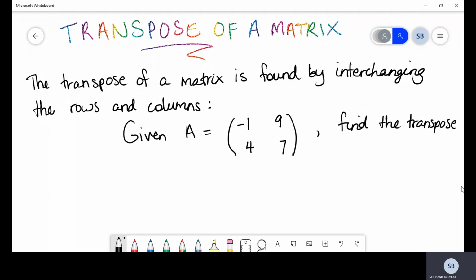Hey guys, I hope you are ready to do some matrices because we are going to move forward today. In my previous videos, we learned how to describe a matrix based on its order.